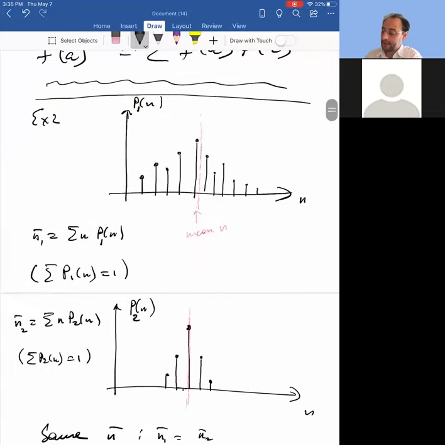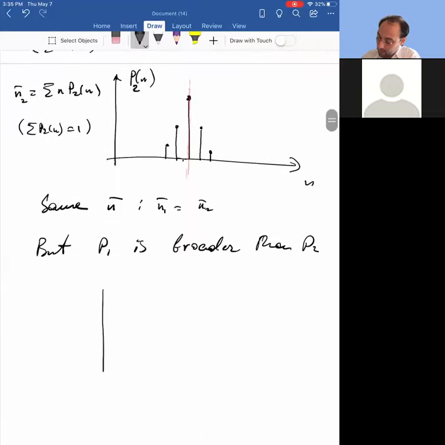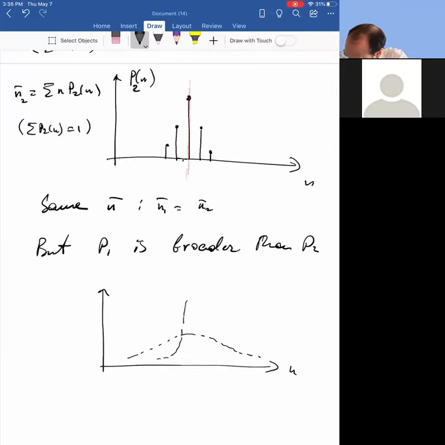Notice that if I plotted P1 and P2 on the same axes, I'm not going to draw those bars, it would get messy, but I'm just going to draw something like this is P1 and this is P2.